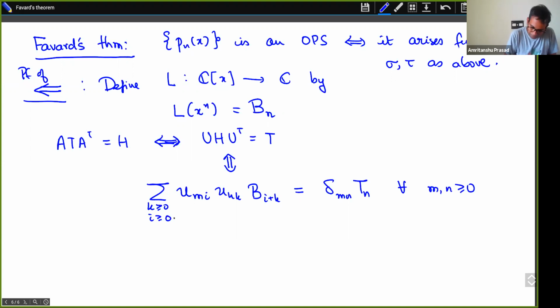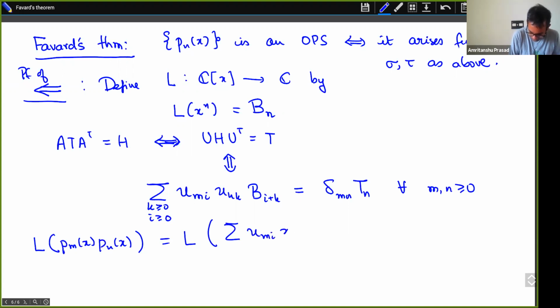Now let's compute L of P_m(x) P_n(x). And it turns out to become exactly this equation.